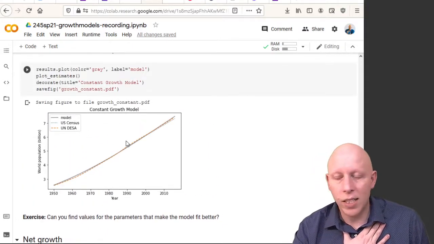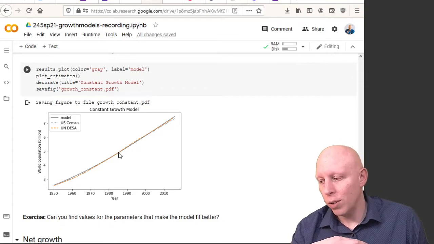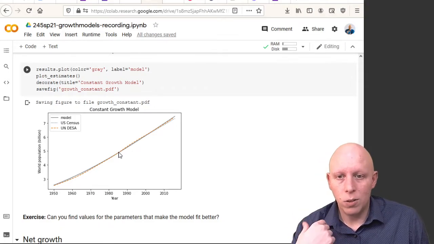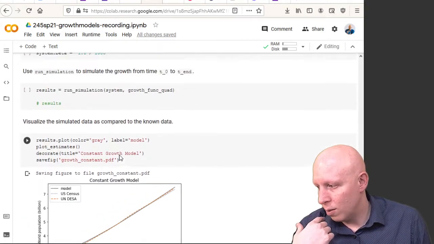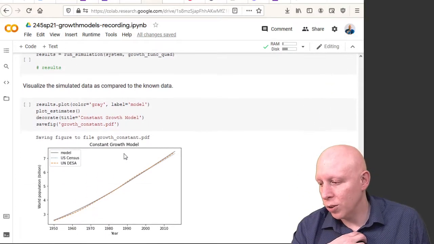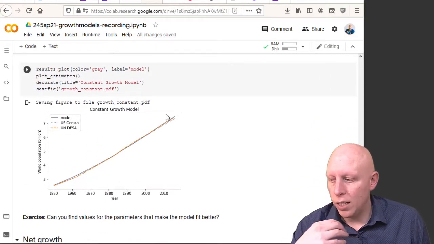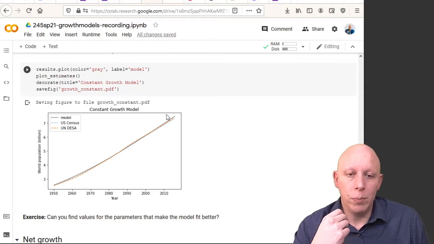Remember, that's the last thing that we saw when we were talking about the constant growth, the quadratic growth, the proportional growth. We created a picture here that showed what the population looked like over time.